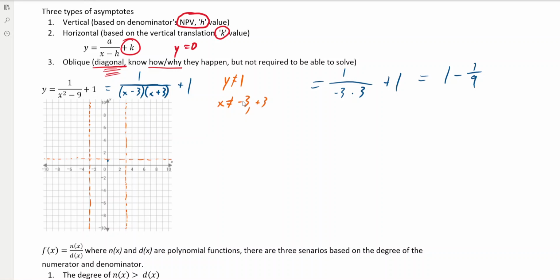It's very close to this asymptote, but not quite touching it, which means we will be curving this way, and it'll look something like this.